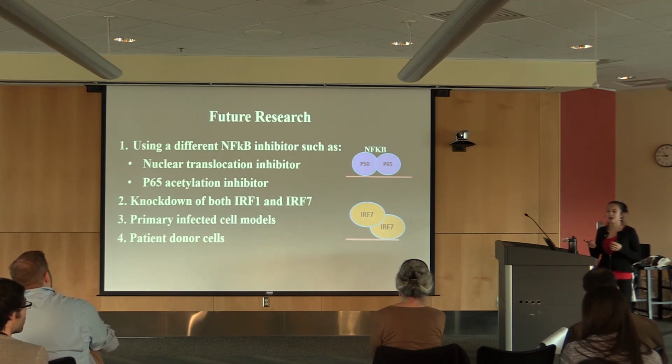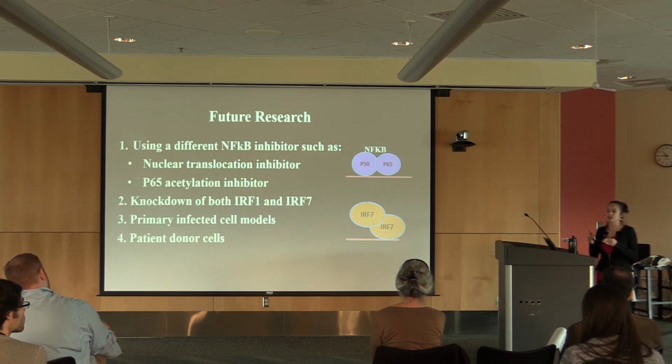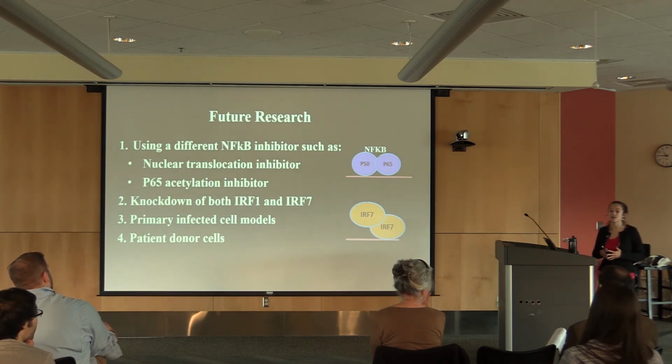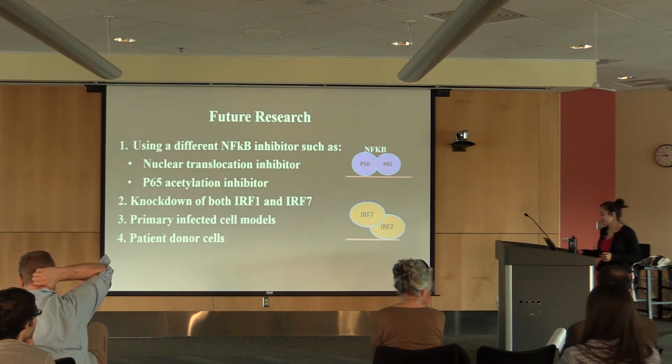As I said before, I think what happens when I knock down IRF7 is that IRF1 gets upregulated and it's able to maintain HIV reactivation. So if we knock down both of those transcription factors and we get a large decrease in HIV reactivation, then I've shown that IRF1 is actually taking the place of IRF7. And then eventually we will look at primary infected cell models and then move into patient donor cells.